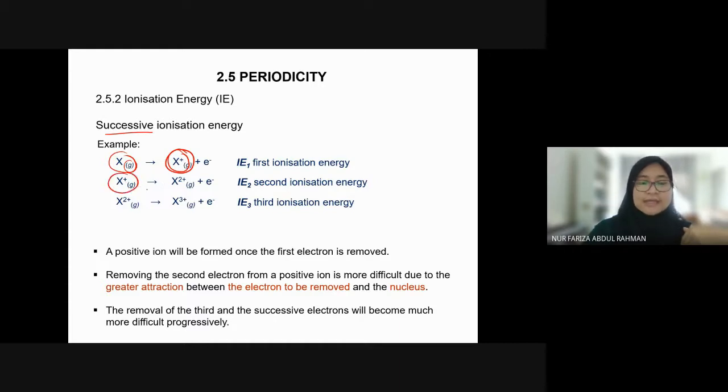Nampak tak? And then remove one of its electron, becoming X2+ in gas state. Sebab dia transfer ni buang electron, minus electron. So transfer to the other side, become positive e. And same goes to IE3, so it should start with X2+ becoming X3+ and then plus electron. So nampak tak the electron are all satu, okay, for each chemical reaction.